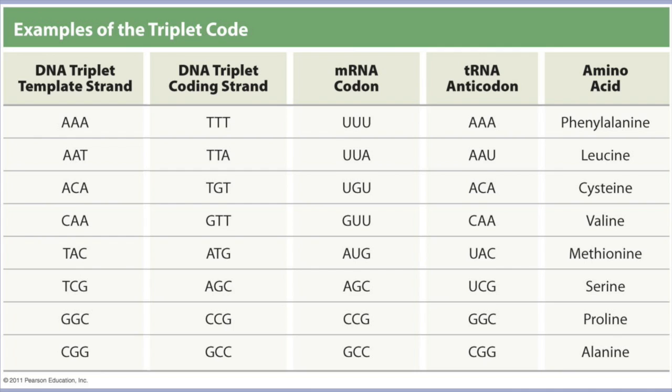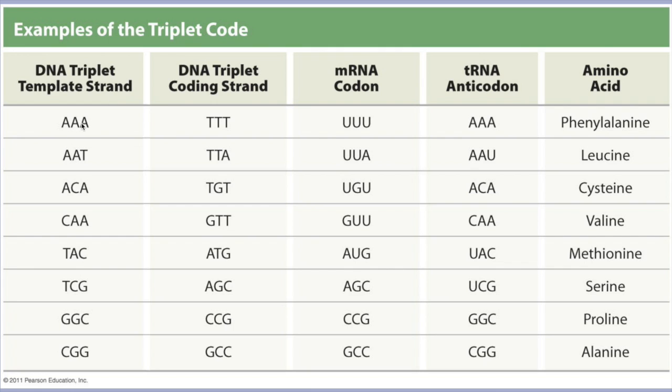This is an example of how DNA codes for proteins. Remember, we said proteins are made up of amino acids. So for example, if the code on the DNA is AAA, there's two strands to DNA.